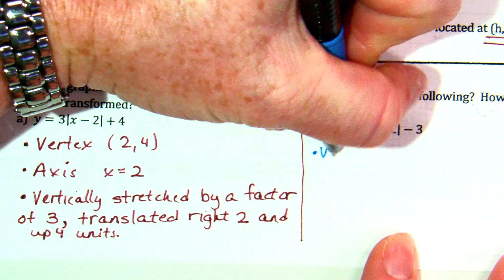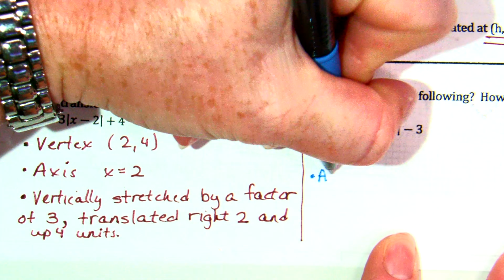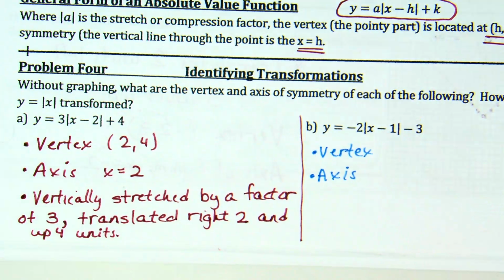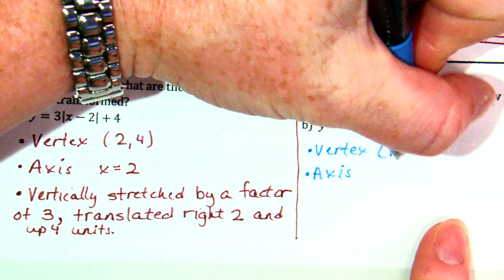But I also need to talk about the vertex and axis. Okay. Based on the fact that we said right 1, down 3, what vertex does that give me? Okay, so right 1 is going to be a +1, down 3, -3.